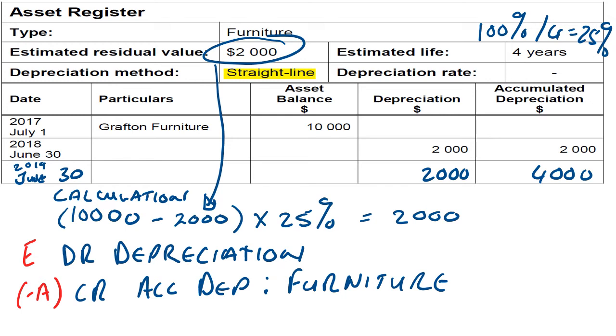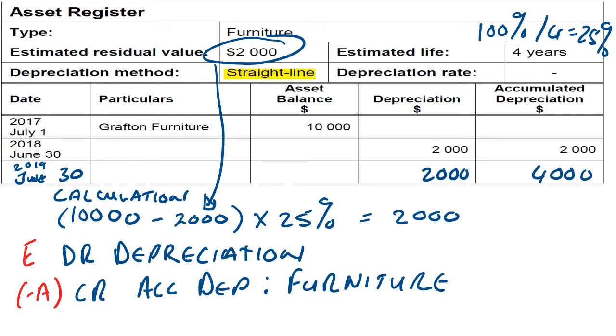With the straight line method, when we get an estimated residual value, we take the cost price of $10,000 minus the residual value times 25%, which means 2,000. Now, if you wanted to do it quicker, you would know that with the straight line method, every year we're going to write off 2,000 anyhow.